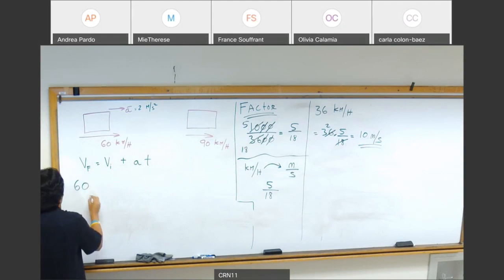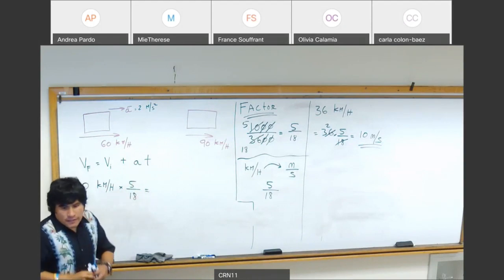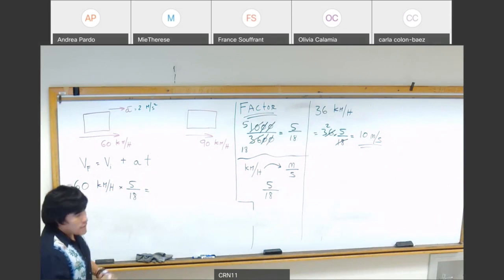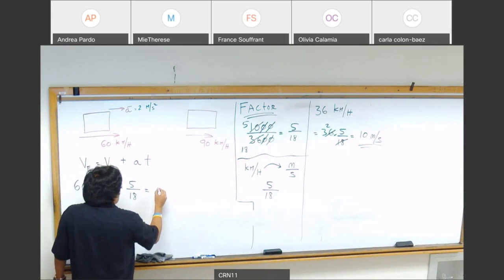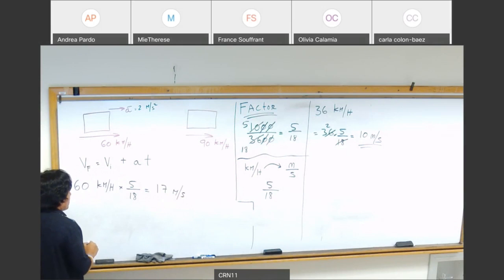So 60 kilometers per hour, we multiply by 5/18. That would be 300/18, which is approximately 17 meters per second.